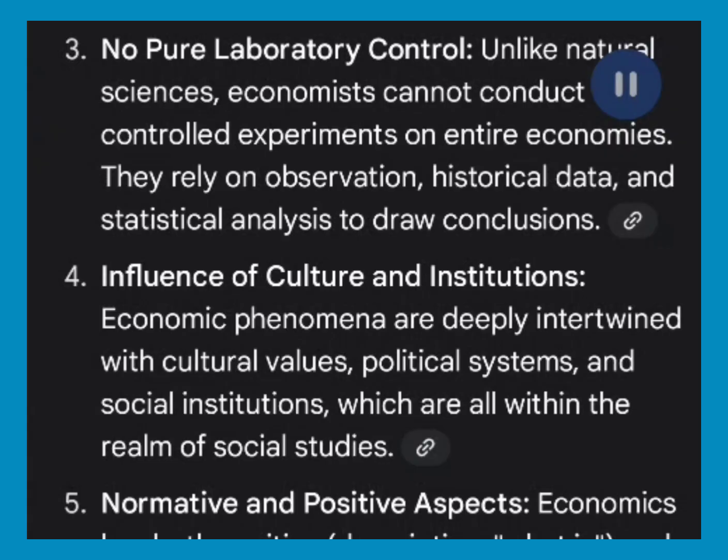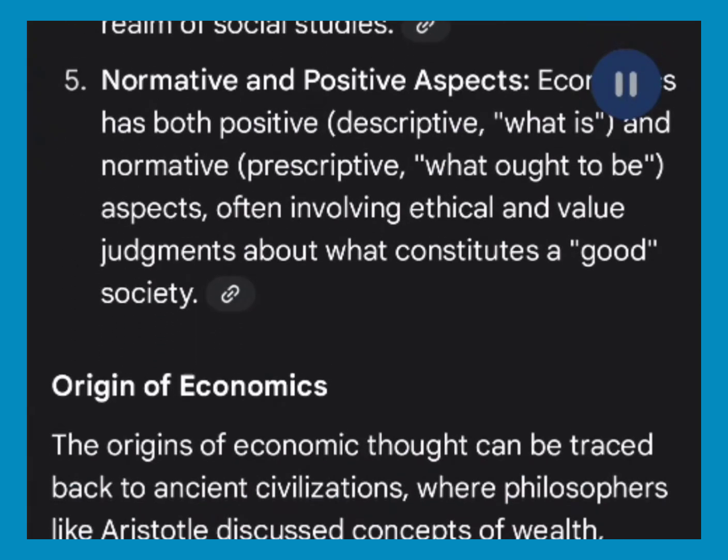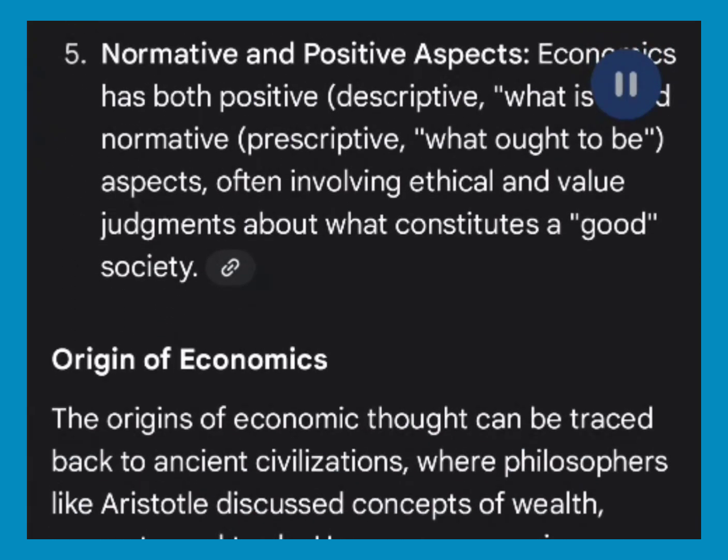Economic phenomena are deeply intertwined with cultural values, political systems, and social institutions, which are all within the realm of social studies. 5. Normative and positive aspects. Economics has both positive (descriptive, what is) and normative (prescriptive, what ought to be) aspects, often involving ethical and value judgments about what constitutes a good society.